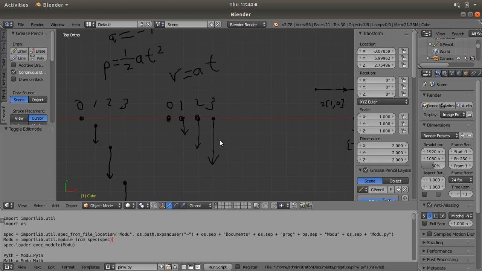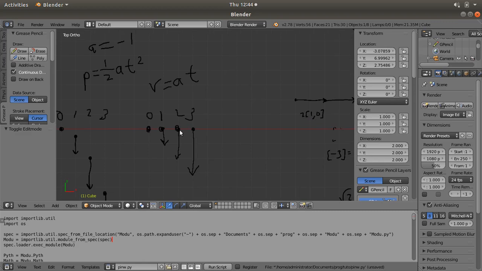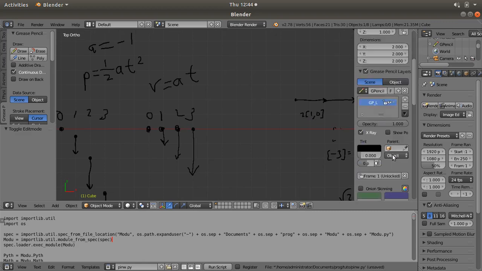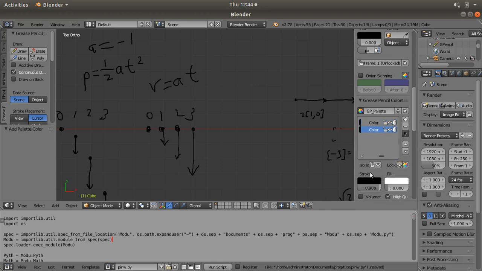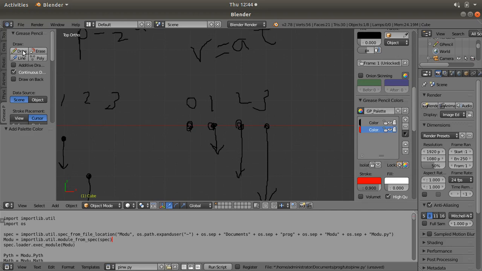So now I'll draw the acceleration. And that's just a constant. It's always equal to -1.